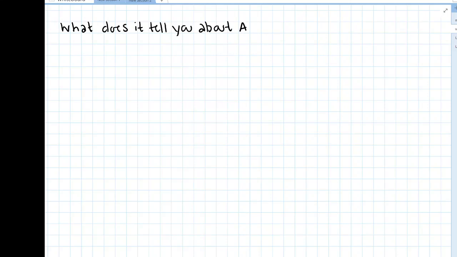I think it was the last problem I put on the worksheet, and I asked you to think about what it means for 0 to be an eigenvalue of a matrix A. I'll say it this way: what does it tell you about a matrix A if 0 is an eigenvalue? First thing, and I wrote this out on the worksheet solutions, but I just want to say it out loud.